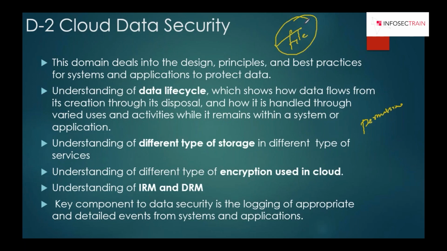I can do that if this file is inside my premises. Now I am sending this file to Deepanshu, to Yuvraj, to Surya. When I am sending this file to a user outside your organization, how can we secure it? How can we make sure we have secure access? We'll use mechanisms like IRM, DRM, etc.